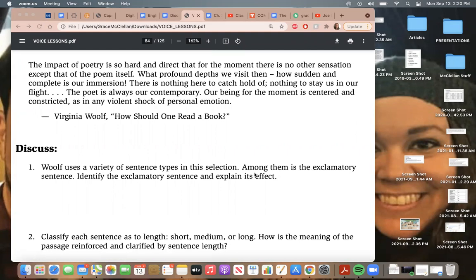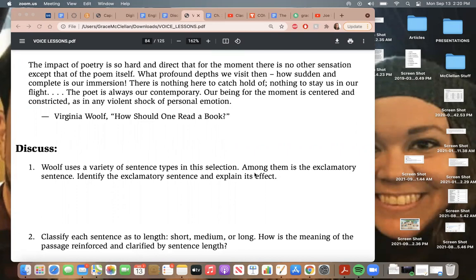But some writers are known for very short sentences. Ernest Hemingway is one, and he's somebody we'll look at later in the year. He is widely known for his very short, simple sentences. Whereas someone from around the same time as him, William Faulkner, is known for very complex, convoluted sentences that go on and on and on.